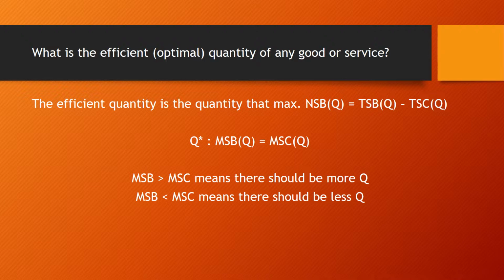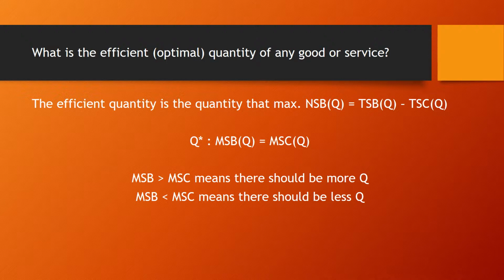Only in that third circumstance, when marginal social benefit equals marginal social cost, will net social benefit be maximized. Therefore, our general necessary condition for efficiency that we use in our models to identify the efficient or optimal quantity of the good is the quantity of output at which marginal social benefit equals marginal social cost.